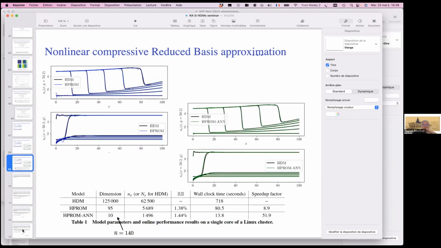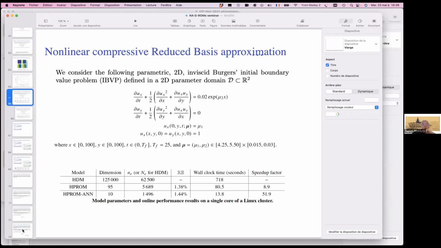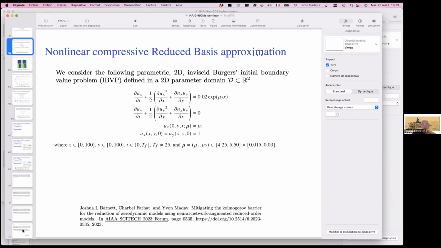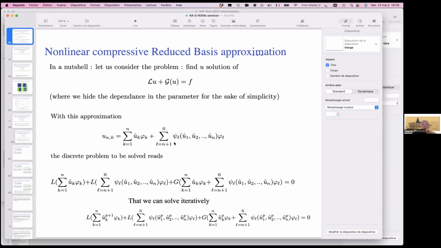Okay, so I cannot be too specific because I didn't do it myself, but the idea is that what you are learning is only the coefficients. You are not learning a function, you are learning coefficients.